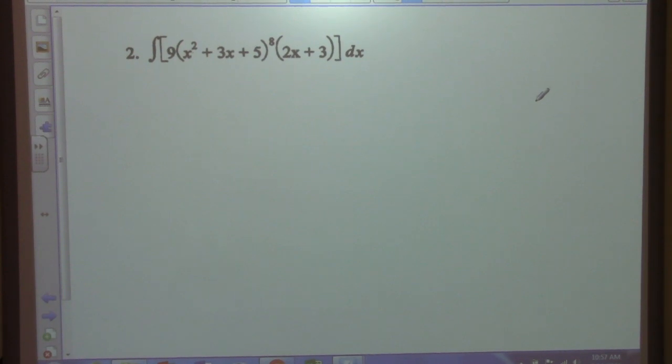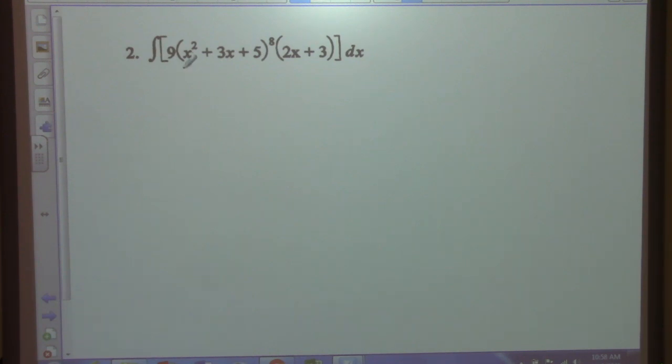You can do that, right? How long is that going to take you? A good while. To me, if I seriously did this without the U-substitution rule, this would be an hour project. Maybe not quite, because I could do a binomial expansion, but then I'd have to multiply that binomial expansion with 9 terms by this, multiply by 9, and once I had it all expanded out, the integration itself would be pretty easy.